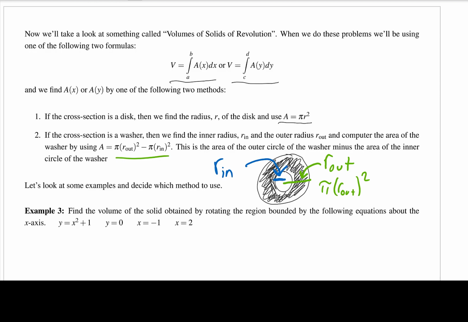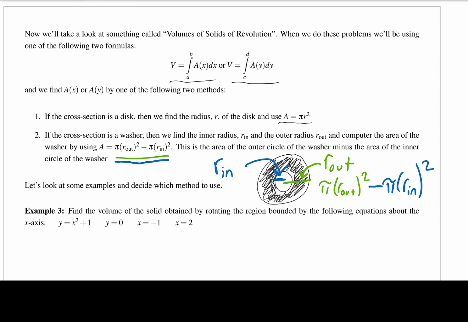And the area of the smaller disk would be pi times R in squared. And like we said, we want to remove this smaller disk, so I'm going to be doing minus, right? And that is how we get this formula over here.